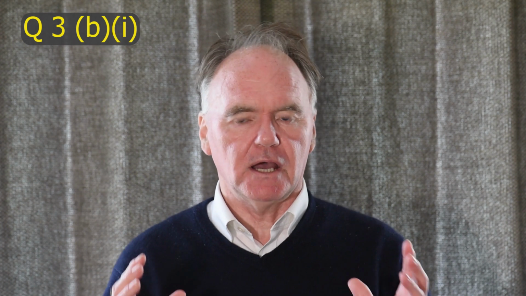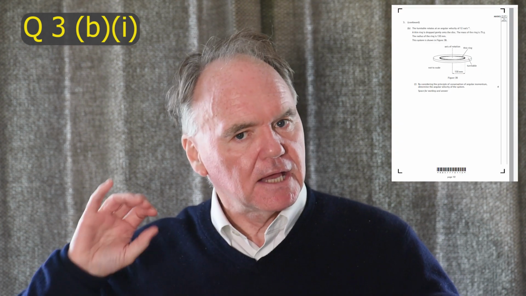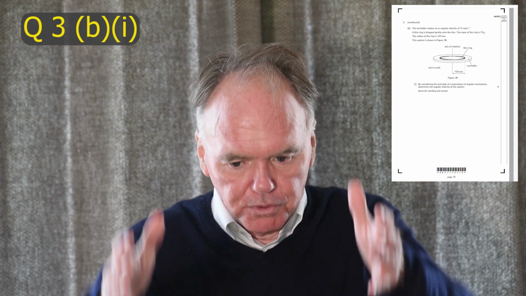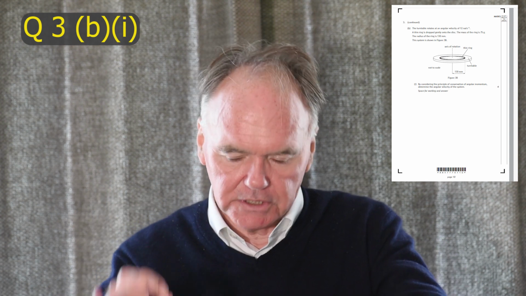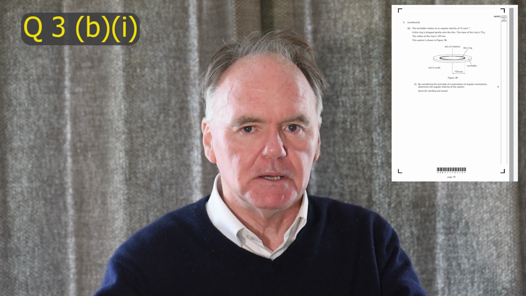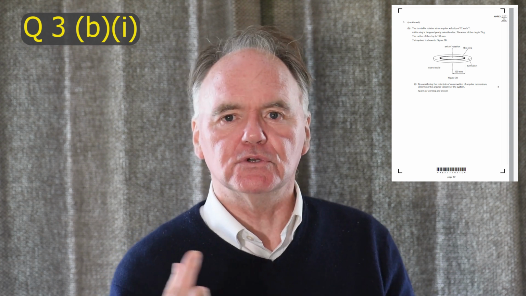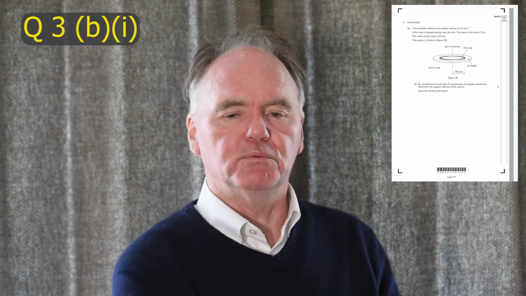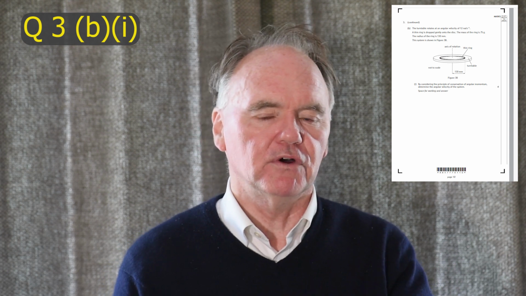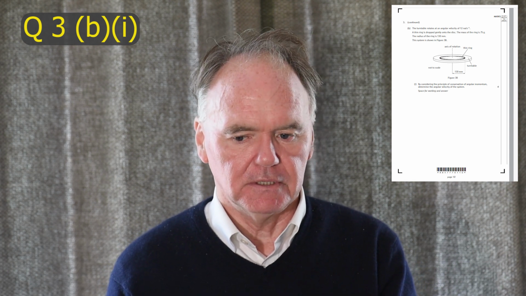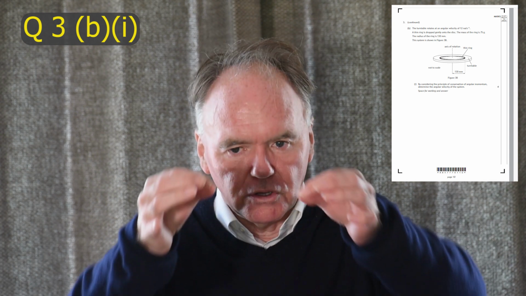So we've taken our solid disk, put it onto an air-bearing turntable to reduce friction, giving it a wee torque, and it starts to go around with an angular velocity of 12 rad per second. We then come along and very gently put on a ring.